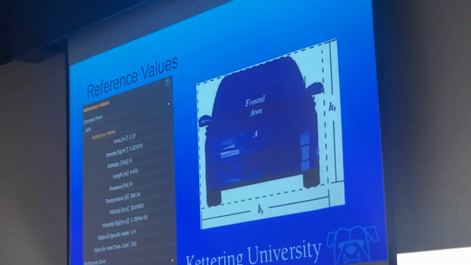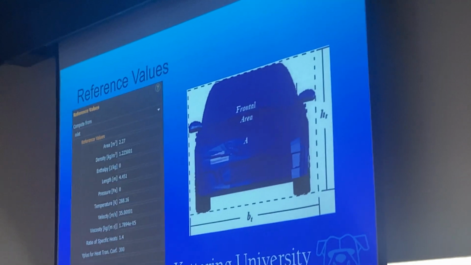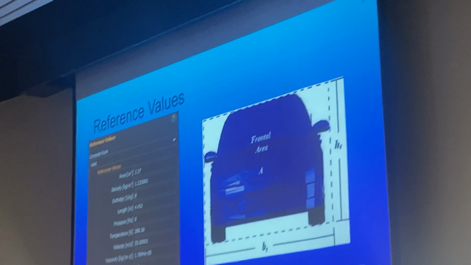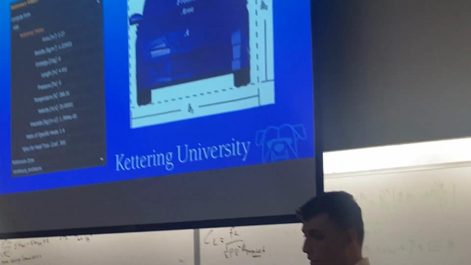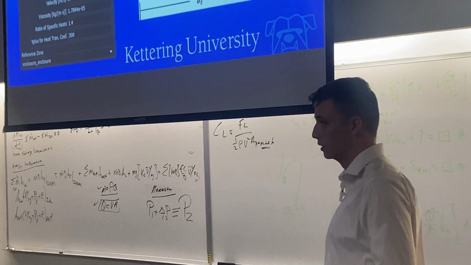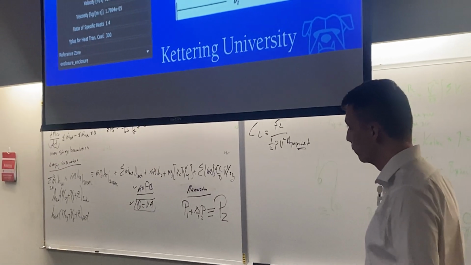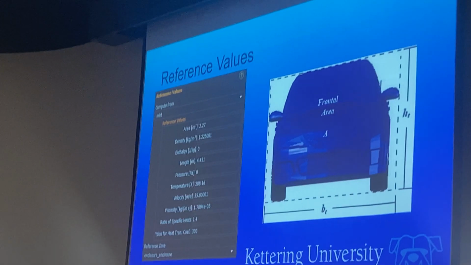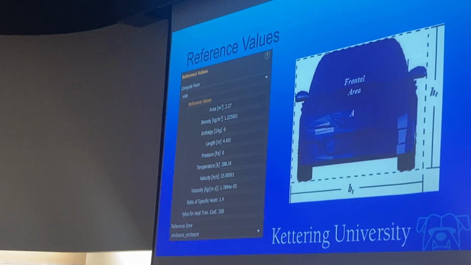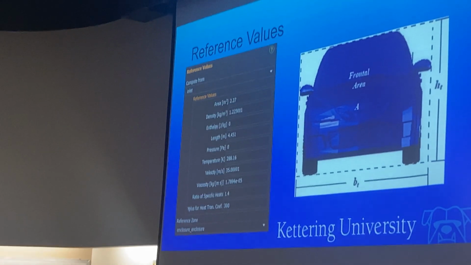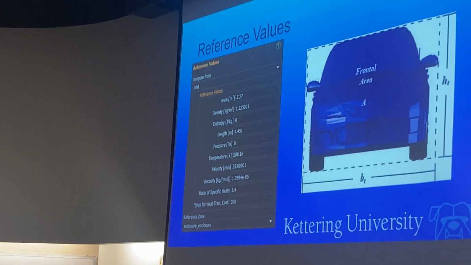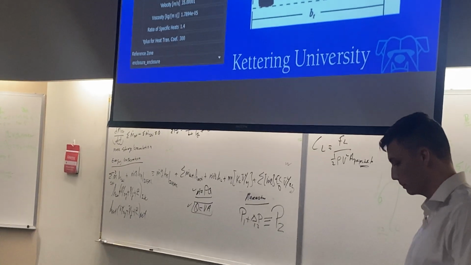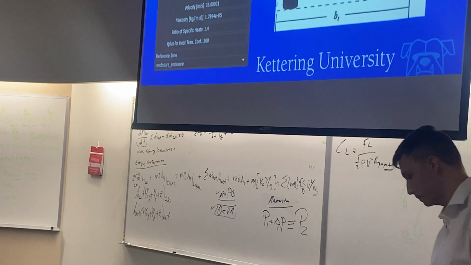So like the key takeaway here, and we talked about it in class, is the frontal area of the vehicle. So this is a key portion towards calculating lift coefficients and drag coefficients and their forces. And so in these reference values computed from the inlet, mainly you see the frontal area and the length of the actual vehicle, along with other assumptions about temperature and viscosity.